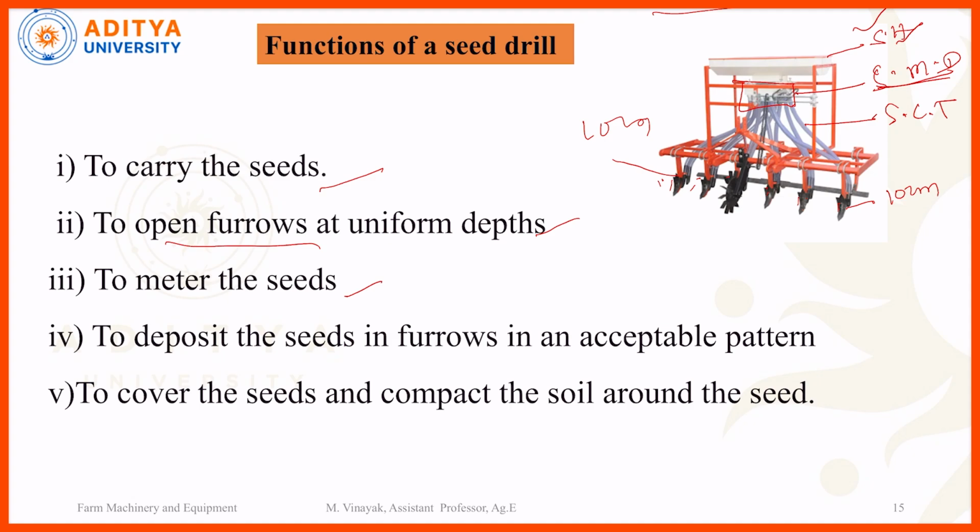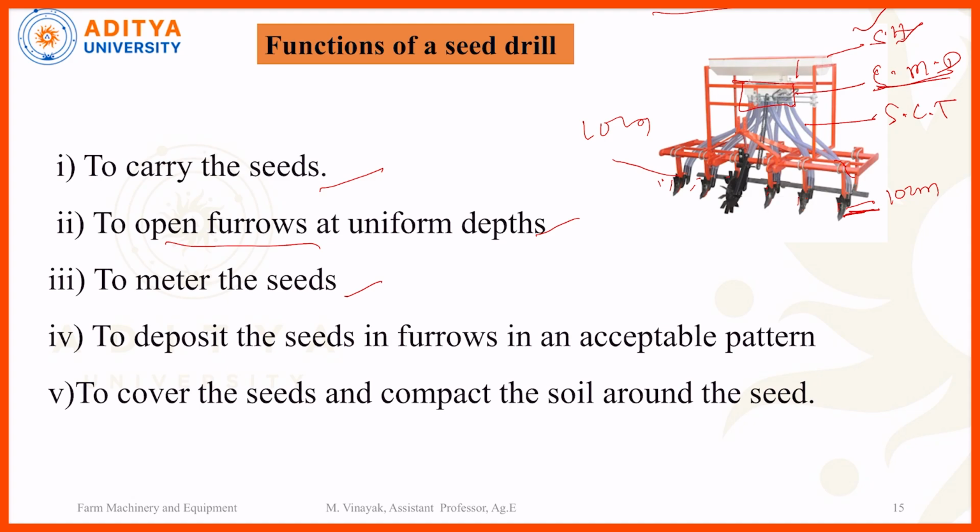By using this seed metering device, only the amount of seed required for that particular area can be transferred from the seed hopper to the seed conveyor. It will be delivered to the field surface area. The main function of the seed metering mechanism is that it can meter the seed one by one and deliver it to the ground surface by using the seed conveyor tube.